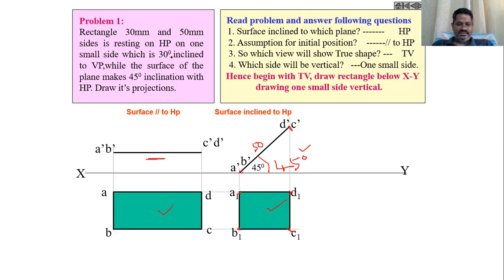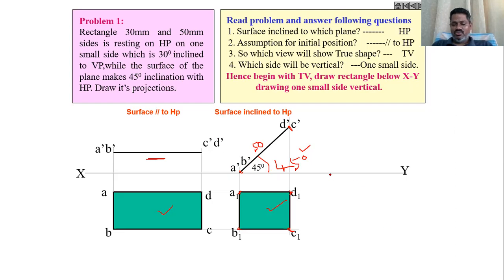In this case, we have one more condition. Along with the plane making 45 degrees angle, one of the small edges is making 30 degrees with the vertical plane.